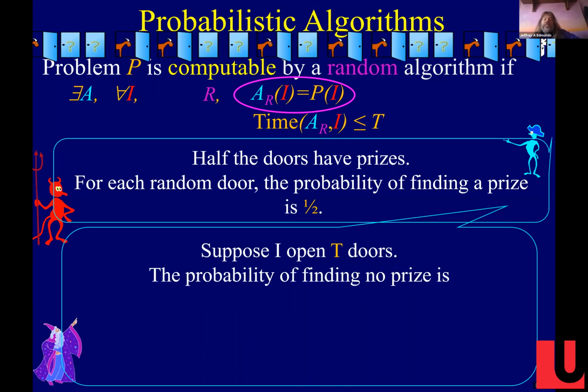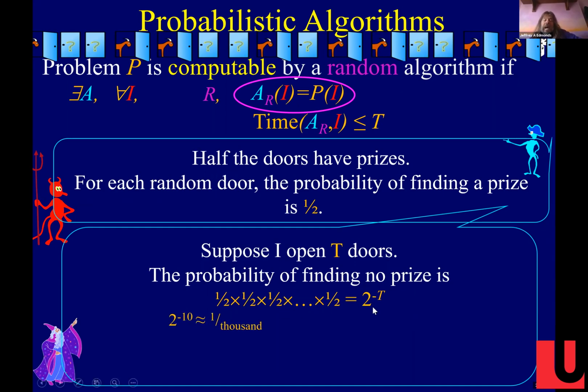So what's the probability I find no prizes? Well, I open up a door. It's a probability of a half, no prize. And then the next door, a half, no prize. What's the probability I get tails T times in a row? It's 2 to the negative T, which gets to be very, very small.